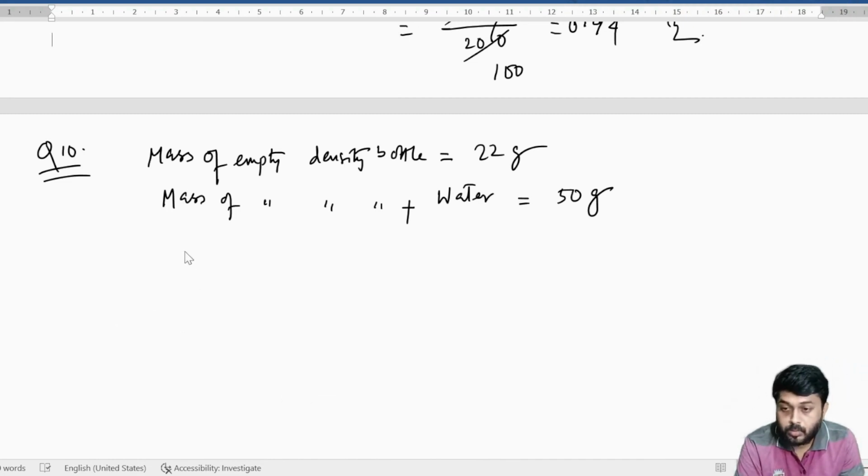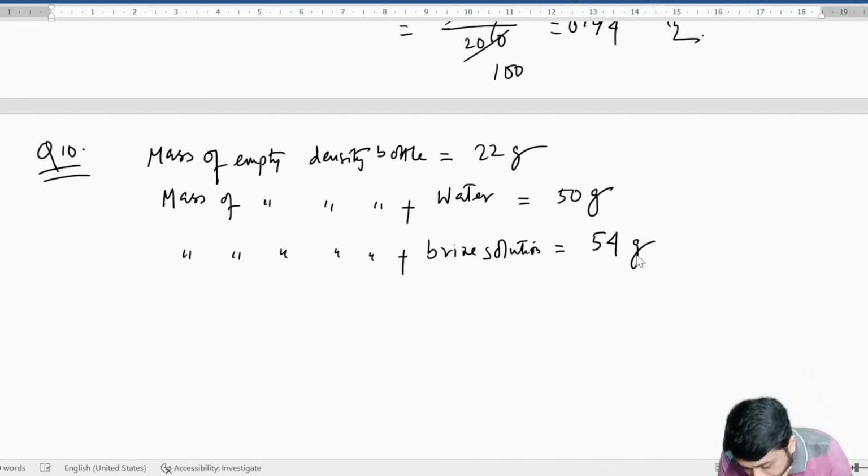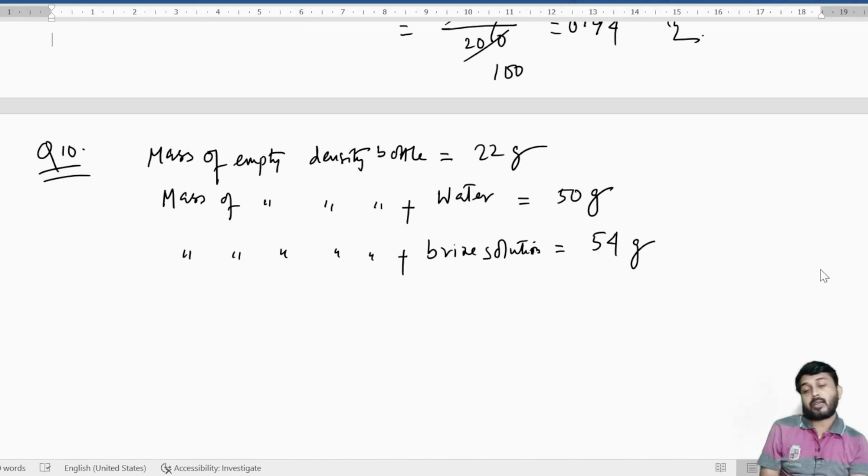And mass of empty density bottle plus brine solution equal to 54 gram, right? We need to find out the density and relative density of brine solution.